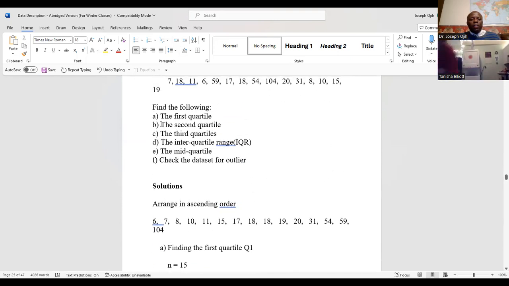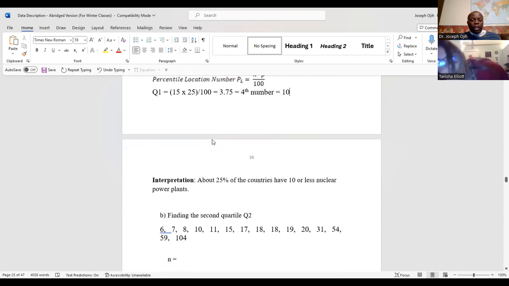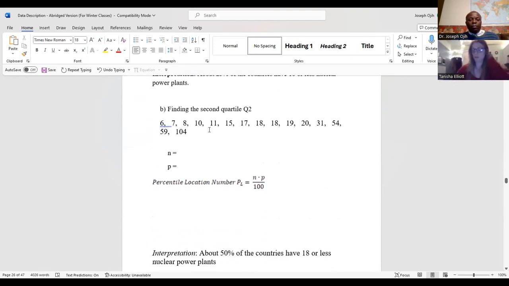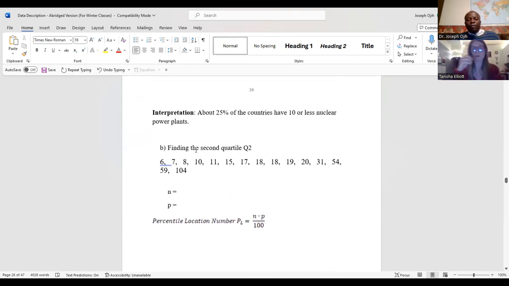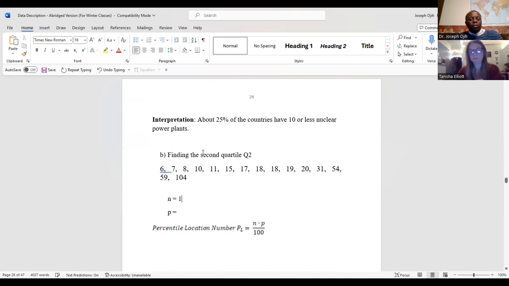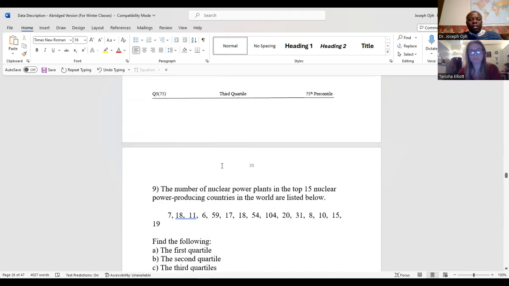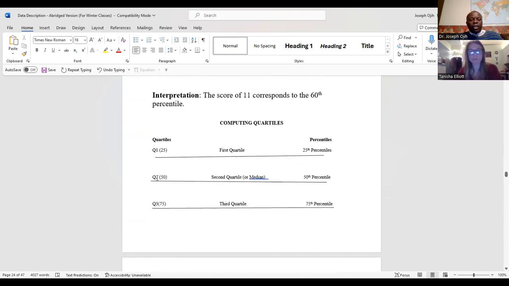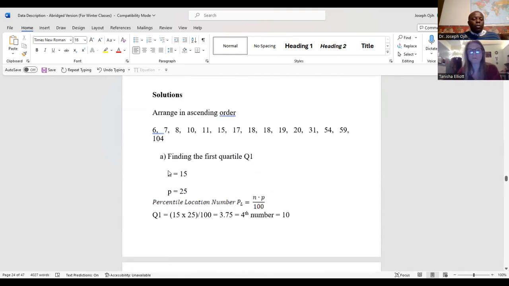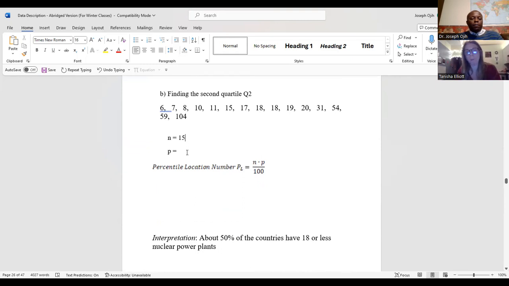Part B says, find the second quartile. Again, put them in order. There are 15 numbers. For the second quartile, if you look here at the screen, you can see that the second quartile Q2 is at the 50th percentile, halfway. So in that case, P is 50.